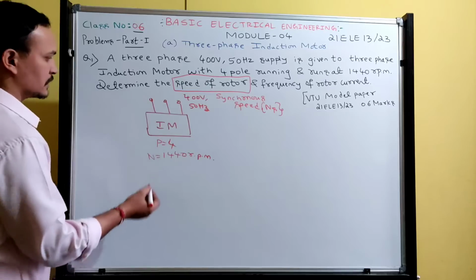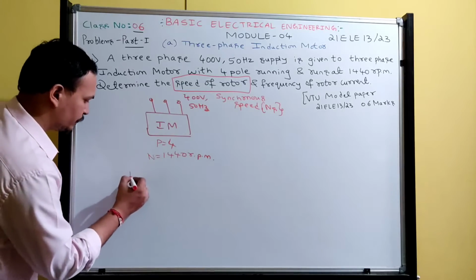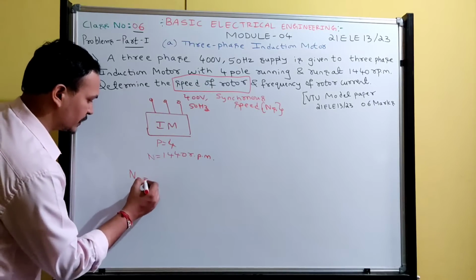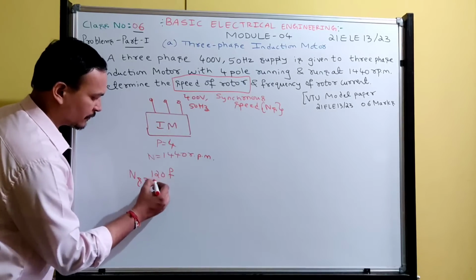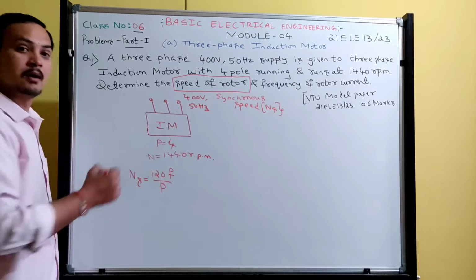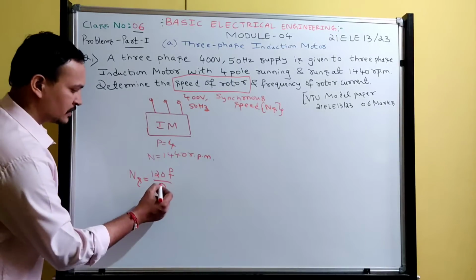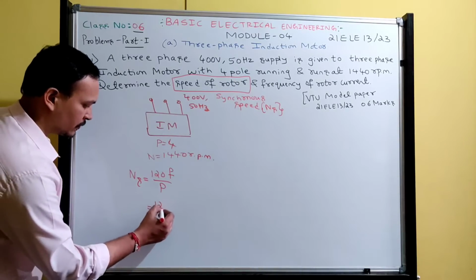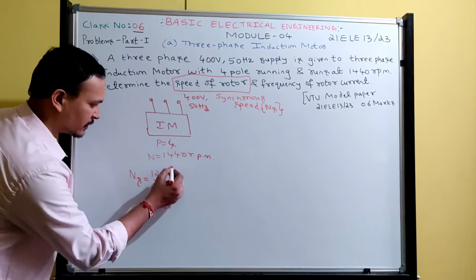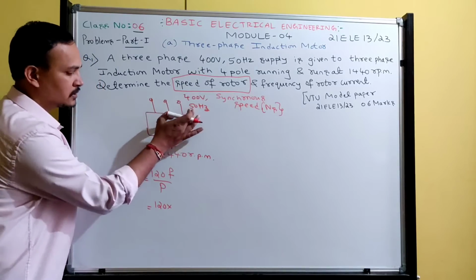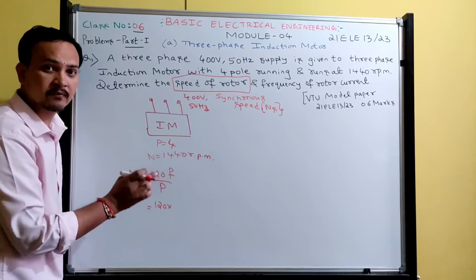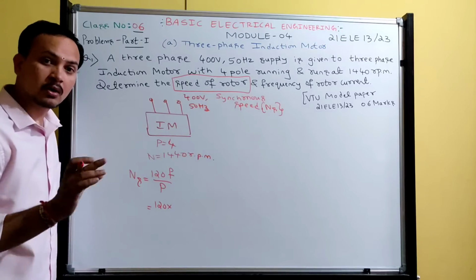So this data is also given. Now what is the synchronous speed formula? Synchronous speed formula is Ns = 120f by P. P is nothing but the number of poles. So 120 into, what is the frequency? The motor is connected to supply, so the supply frequency is this one. f is called supply frequency, and fr is called rotor frequency.